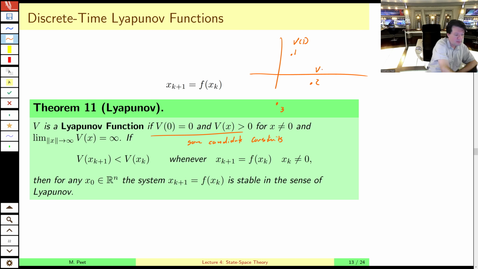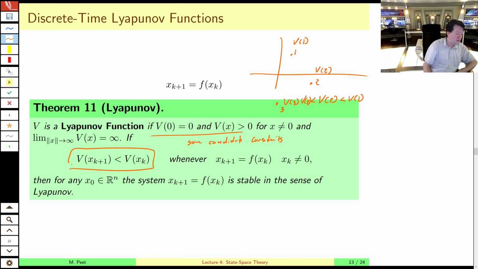Specifically, it decreases at every time step, so that V of 2 is less than V of 1, and of course V of 3 is less than V of 2, and so on and so on. So at every time step, the Lyapunov function is strictly decreasing, right?